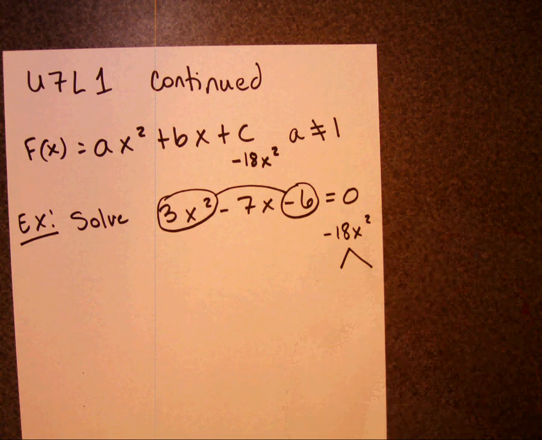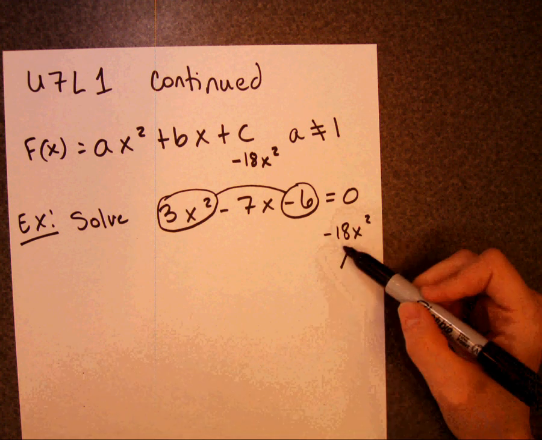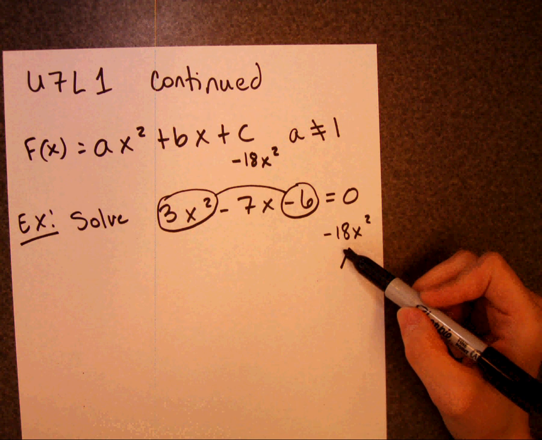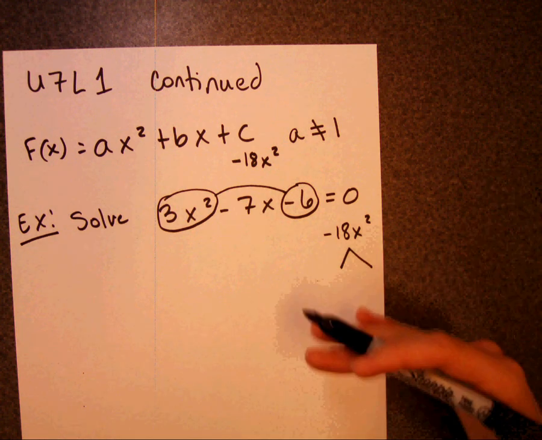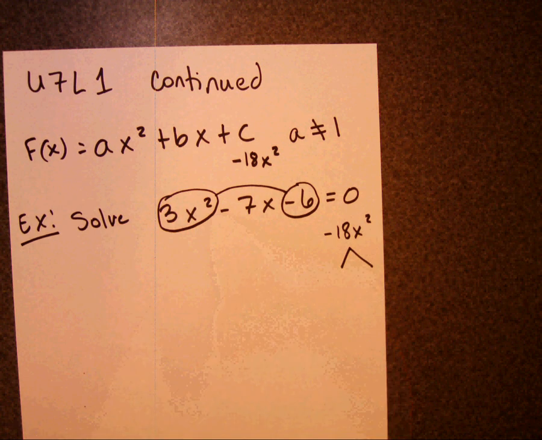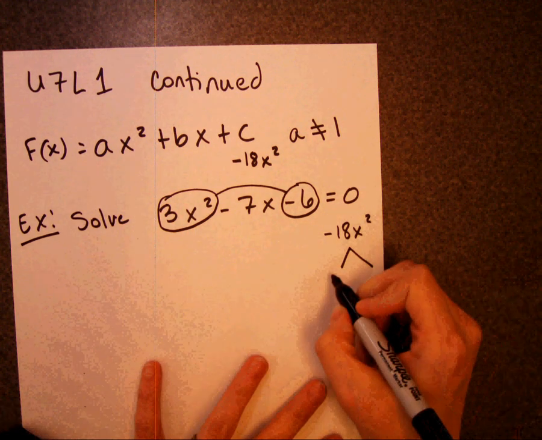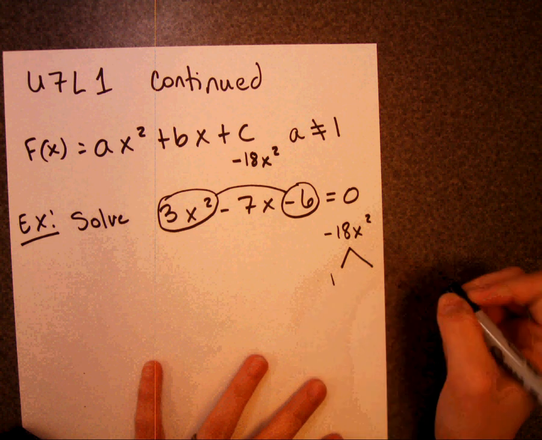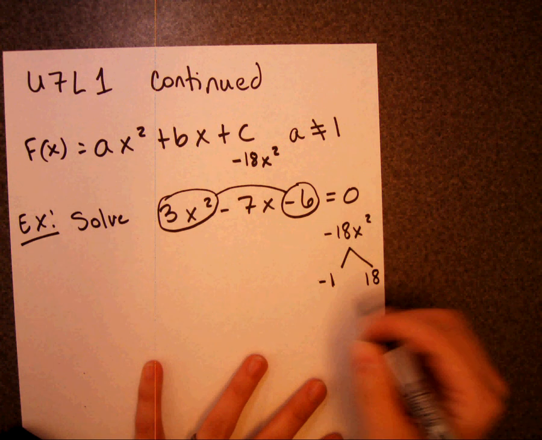Now dealing with my number, it's negative 18, so to get a negative, I know I need a positive number and a negative number. I'm looking for the positive and negative number that are going to give me negative 7. So again, I'm going to start with the smallest value, which would be 1. I know 1 times 18 is 18, so negative 1 times 18 is negative 18, and again, I could have the positive 1 and negative 18.